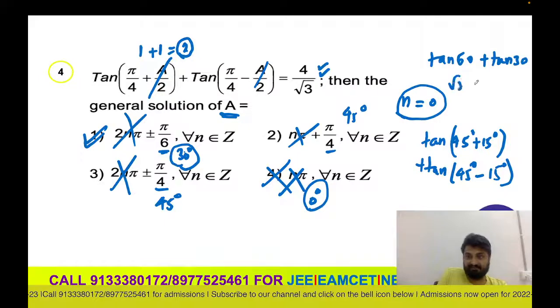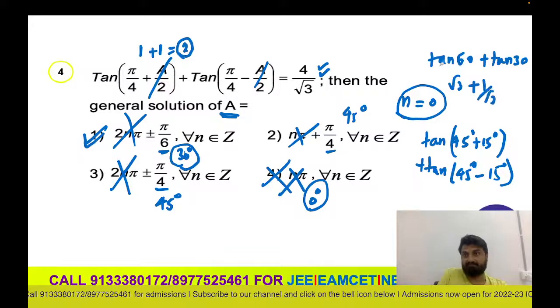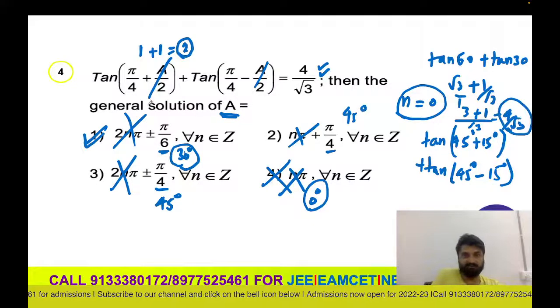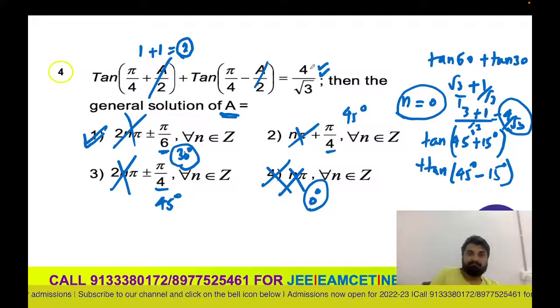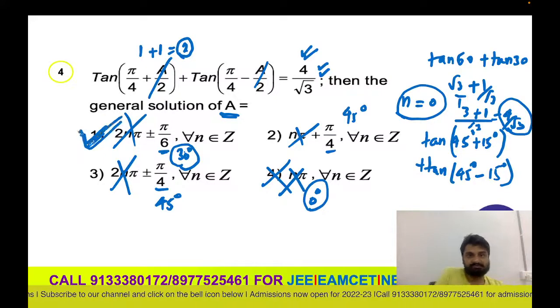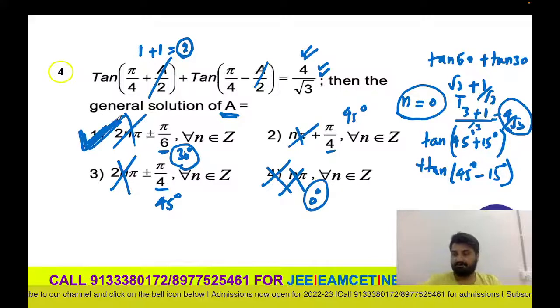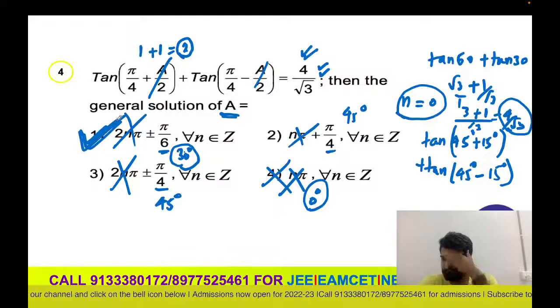Tan 60 is root 3, tan 30 is 1 by root 3. If you take LCM, root 3 goes root 3 times, which is 3 plus 1, the answer will be 4 by root 3, which is precisely your right hand side. So the first option will give your final answer to question number 4.